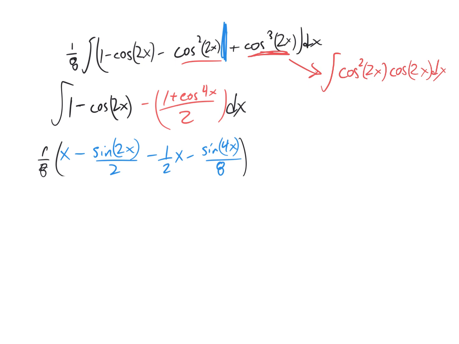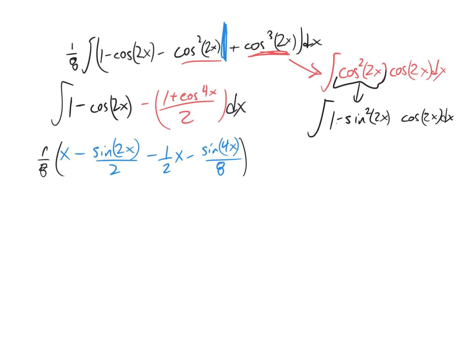This allows me to use a Pythagorean identity, making this 1 minus sine squared 2x, times cosine 2x dx.